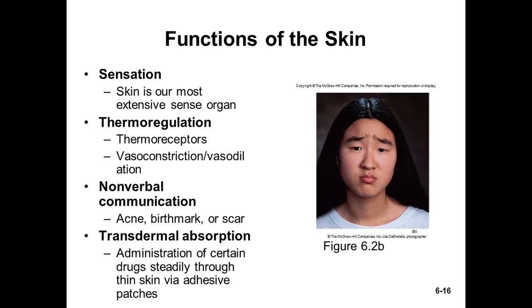That's when your body temperature drops too low, and it keeps the warm blood deeper in the skin. When you have vasodilation, the blood vessels dilate. The blood rushes to the surface, you lose excess heat, and it causes you to sweat, bringing your body temperature back to where it should be.